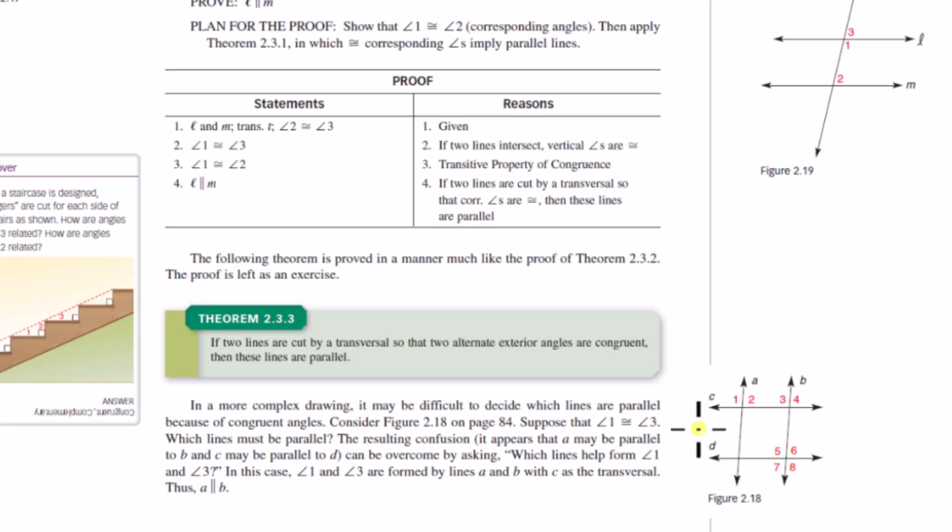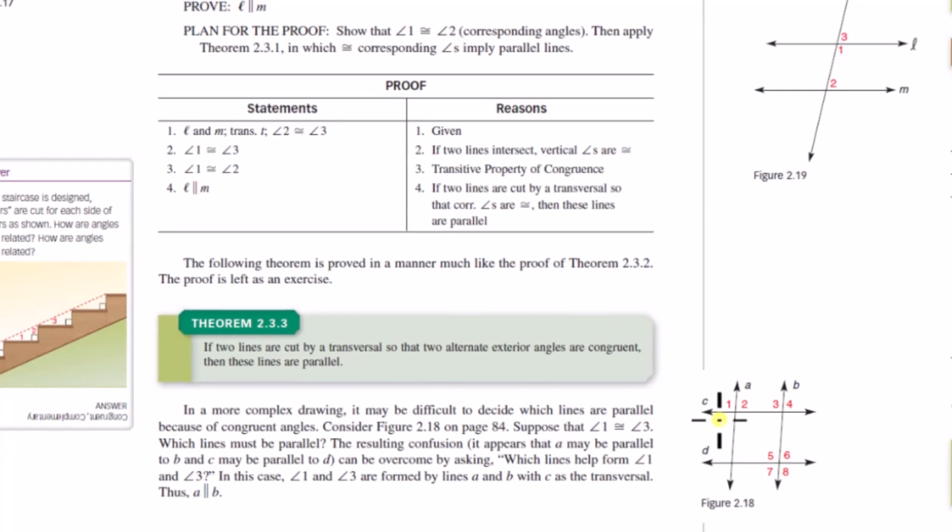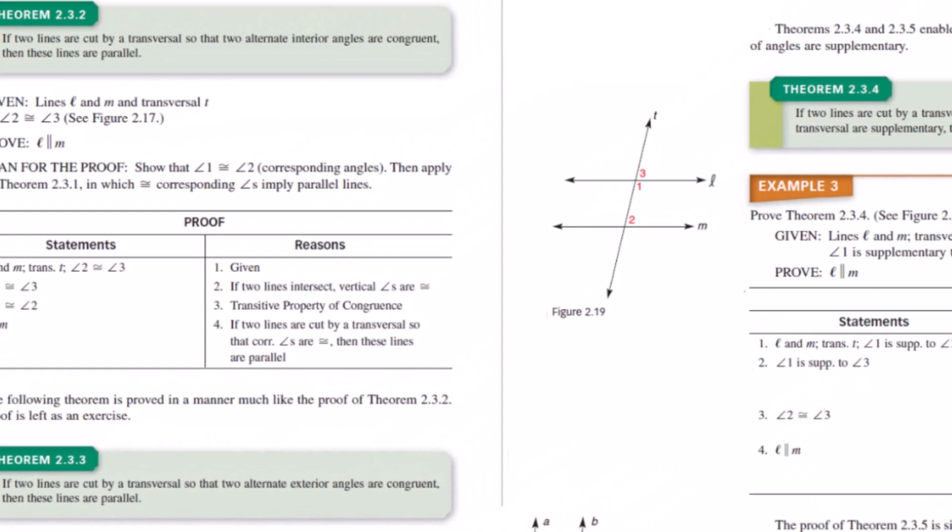And so once you identify what the transversal is, then you know the other two lines are the lines in question for being parallel. So in that case, if angle 1 is congruent to angle 3, and we see that C is the transversal, then if we tilt our heads to the left, upper left is angle 1, upper right is angle 3. Angle 1 and angle 3 are corresponding, so A and B are parallel.